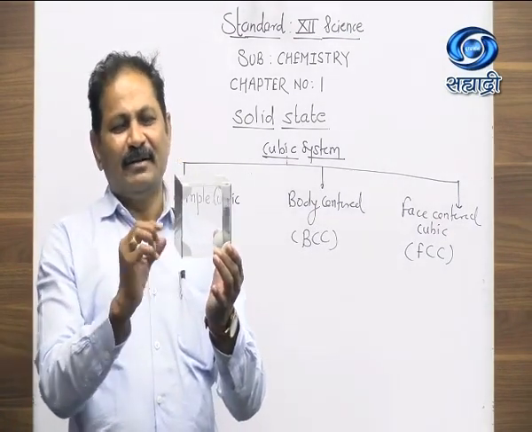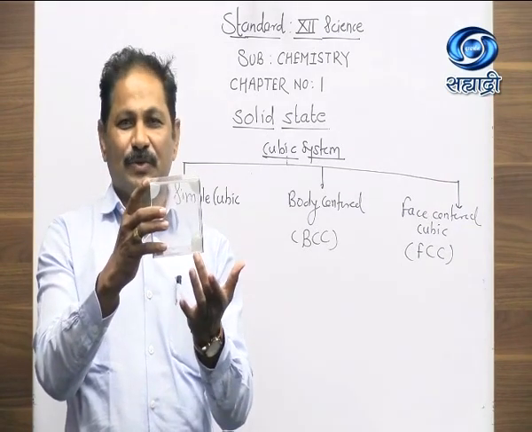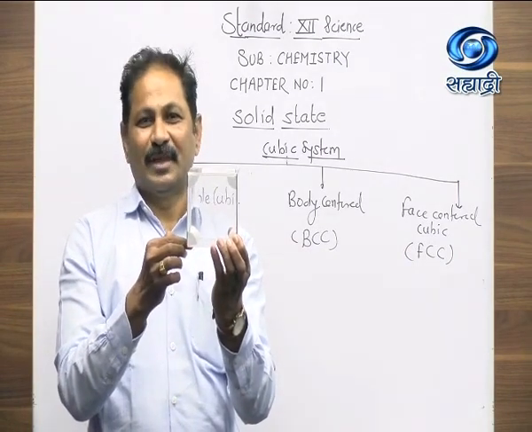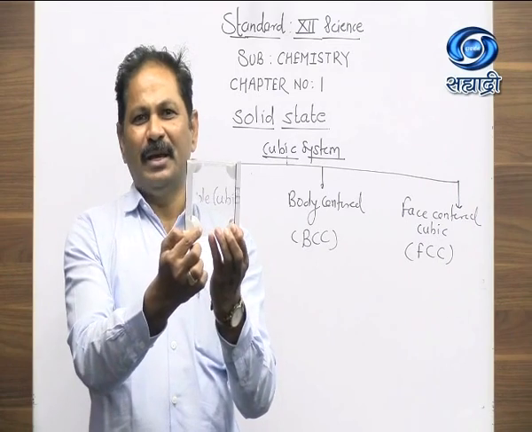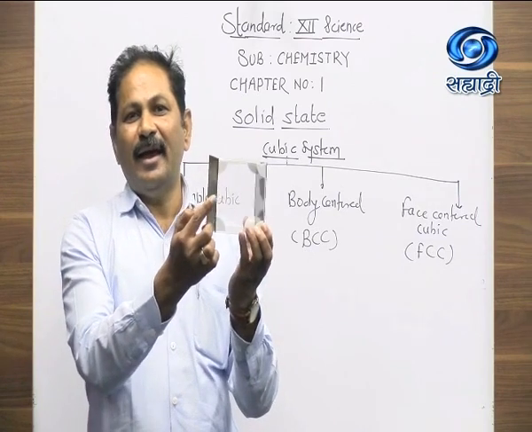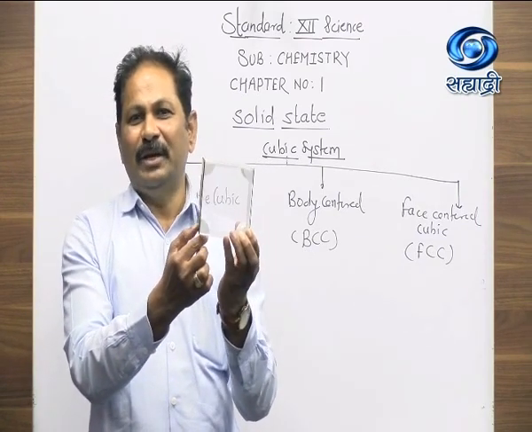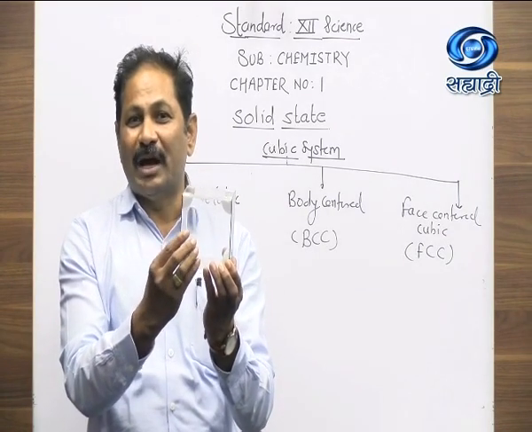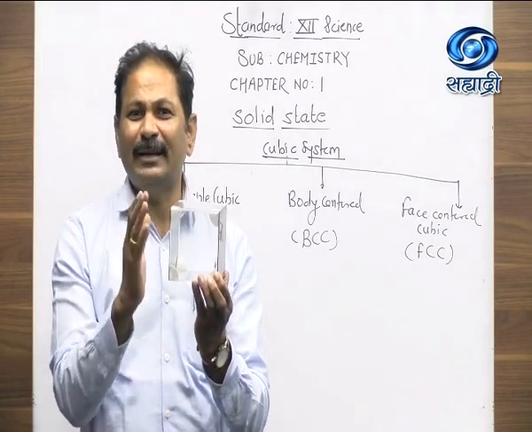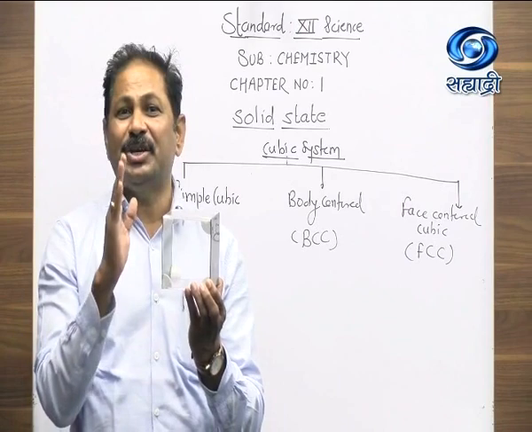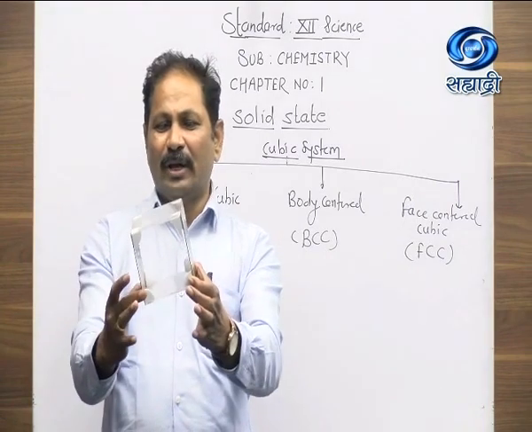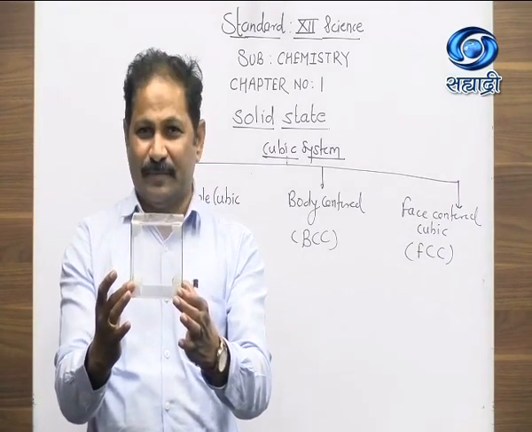If you consider the edges, depth, height, and width of this cube, where a = b = c, the bond angle between a and b is 90 degrees, b and c again 90 degrees, a and c again 90 degrees. So alpha = beta = gamma = 90 degrees, while a = b = c. That kind of crystal structure is called a cubic crystal structure. This is the model in my hand, the cubic crystal structure.